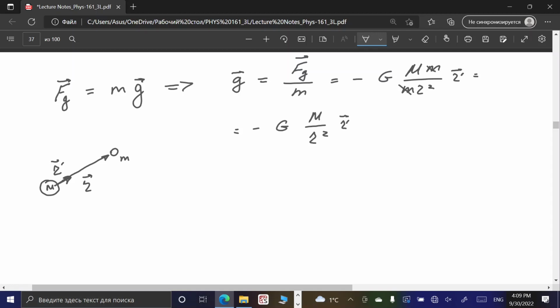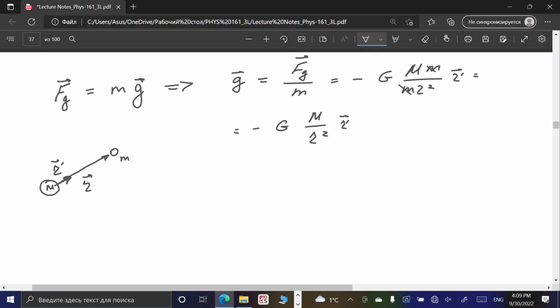As you see here, we do not have mass of the planet because it should not be there. So we define strength of gravitational field, which is created by the star in this point where planet is located.